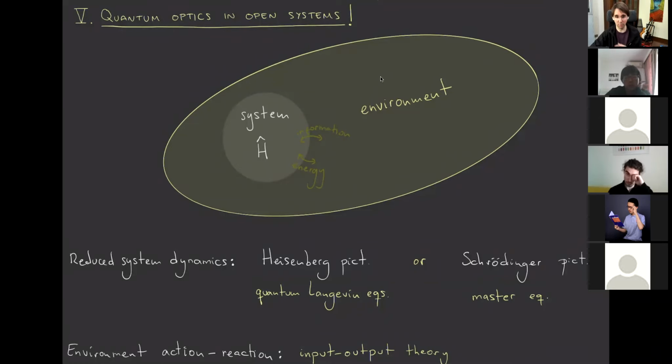Because as you can imagine, it's almost impossible to isolate perfectly a system in the laboratory. That happens only in a few labs in the world, and only because they work very hard to observe some Hamiltonian dynamics on purpose. But in general, you always need this kind of description in which you have an environment that you are not monitoring, that you are not caring about, and you don't have control over it, and it's interacting with your system.